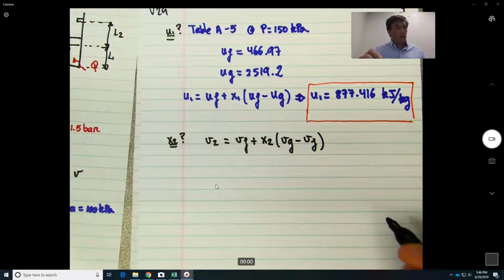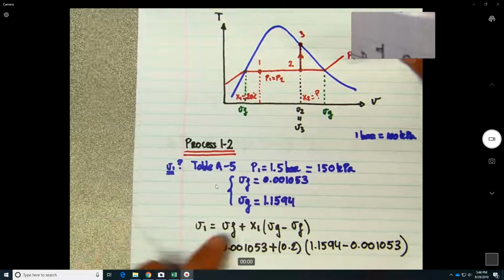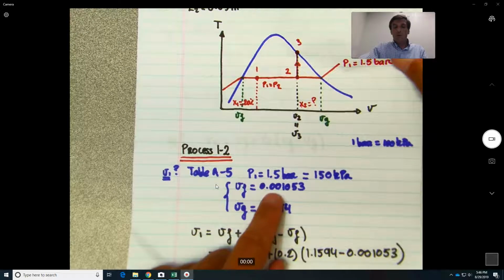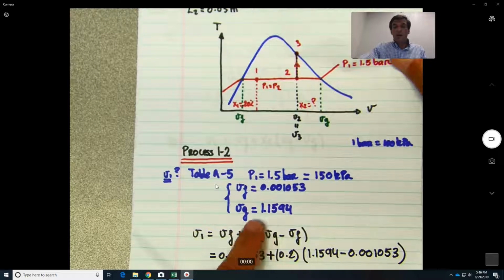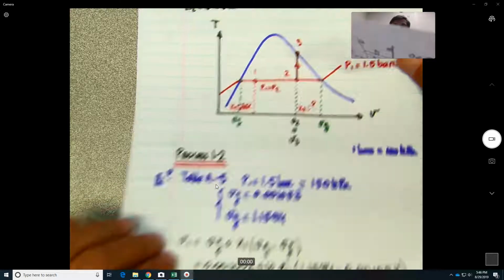Okay? And we know V fluid and V gas from page number 1, which is 0.001053, and Vg is 1.1594 from table A5 again.